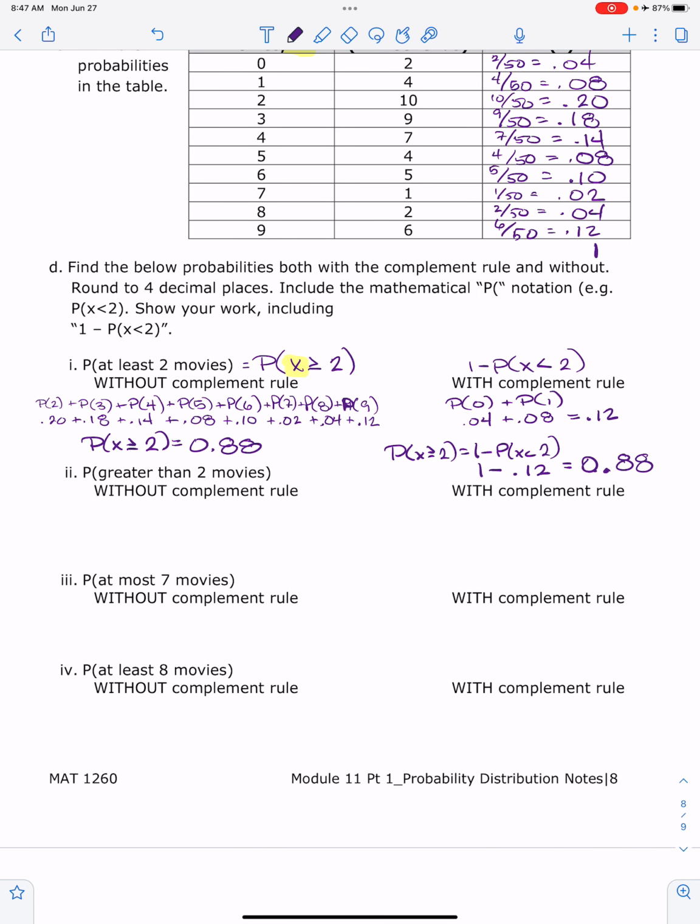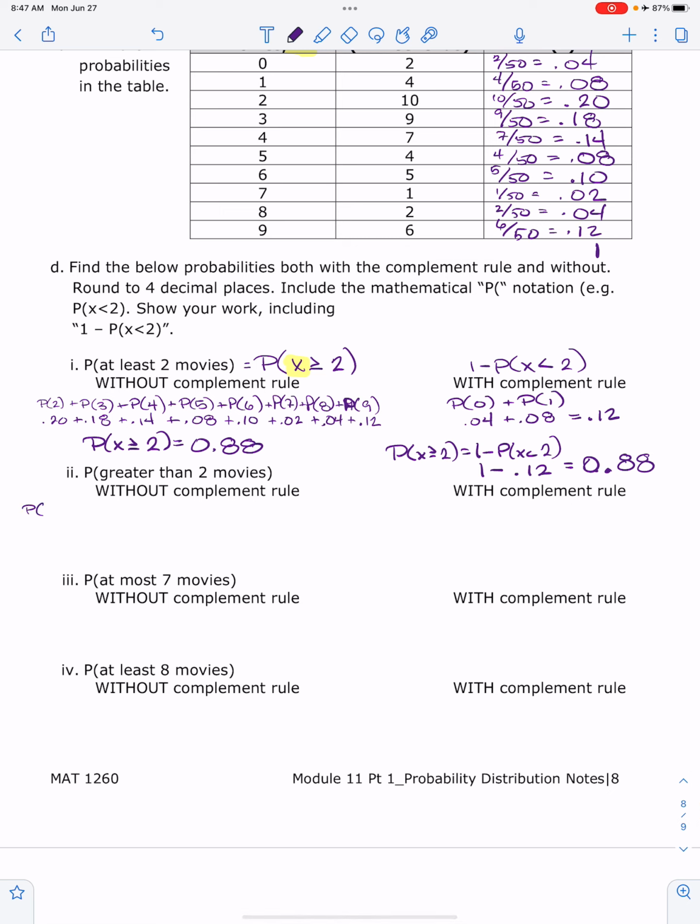Probability greater than 2, which is the probability of 3 movies, plus the probability of 4 movies. So I am looking to add together all of the probabilities that could possibly happen, right? If it's greater than 2, these are my options.